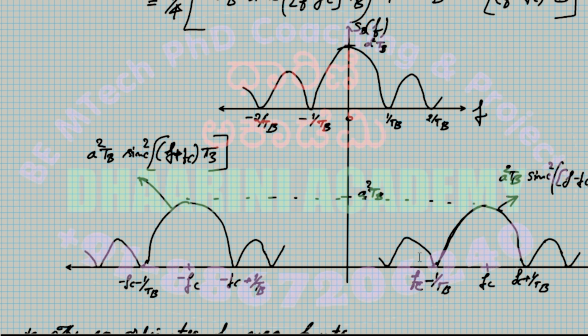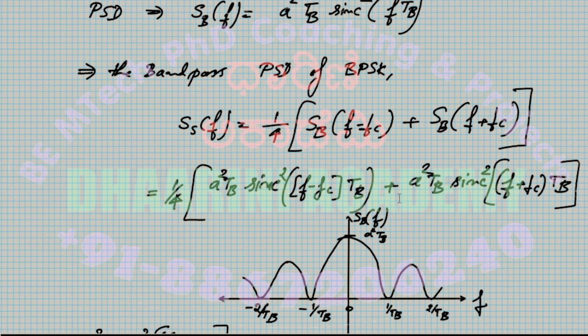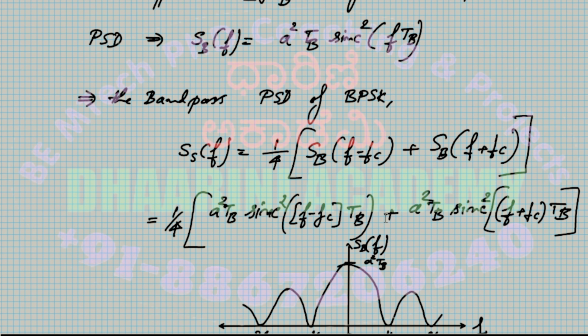This is a complete set of equations. Whenever you have a signal of plus or minus root Eb, its PSD is SB of f, for an NRZ format.